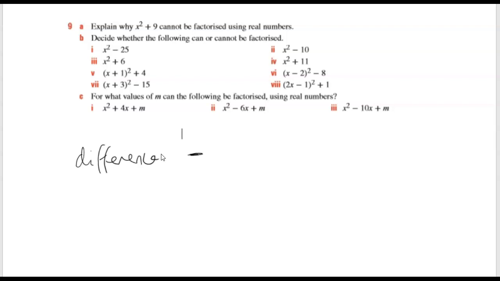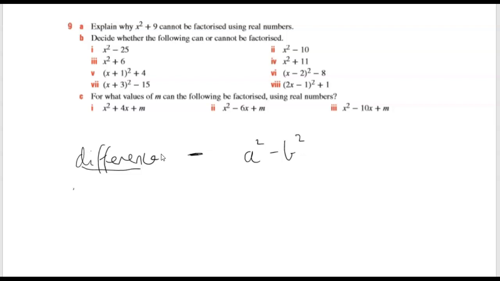So if I was saying what's the difference between 10 and 2, the difference between those two numbers is 8. So the word difference means we subtract. So it has to be a squared minus b squared.